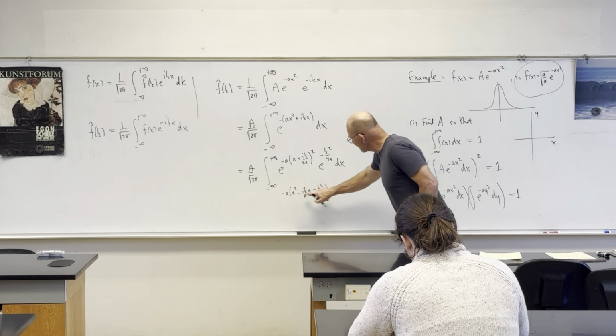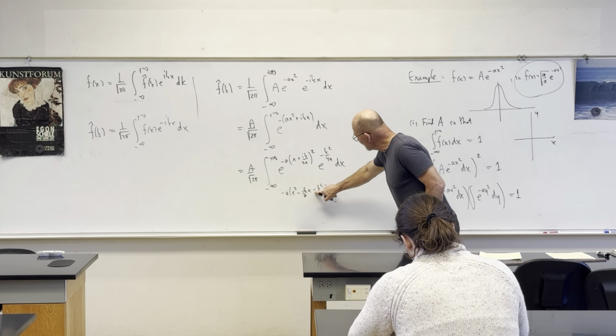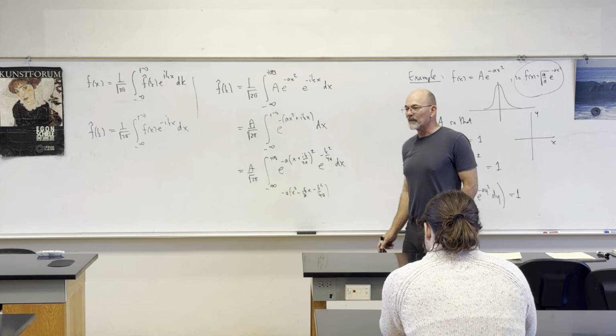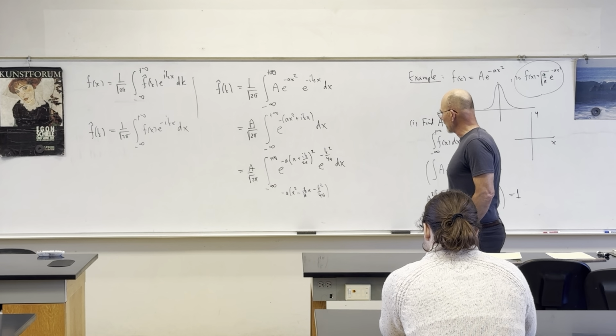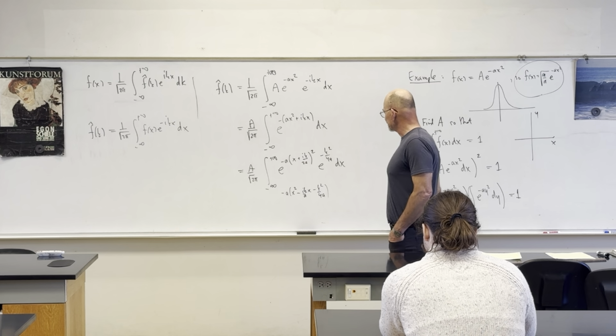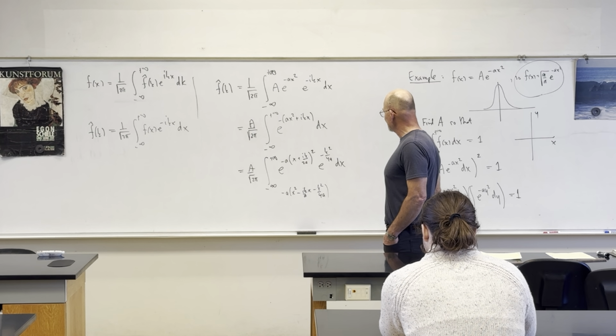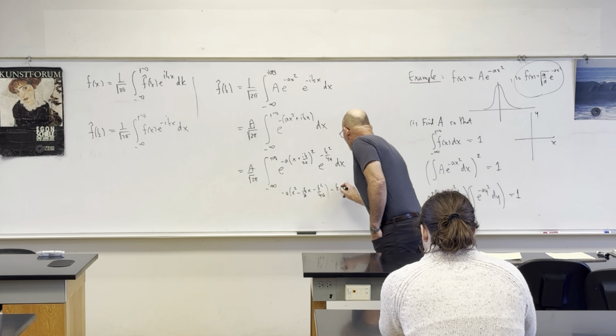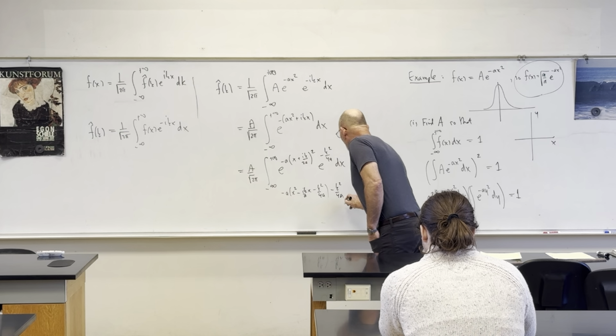And this minus times minus is plus, and so that gets rid of that one there. So that's the correct expression there. And in fact, I'll just write this out here as well, minus k squared over 4a. There's good.